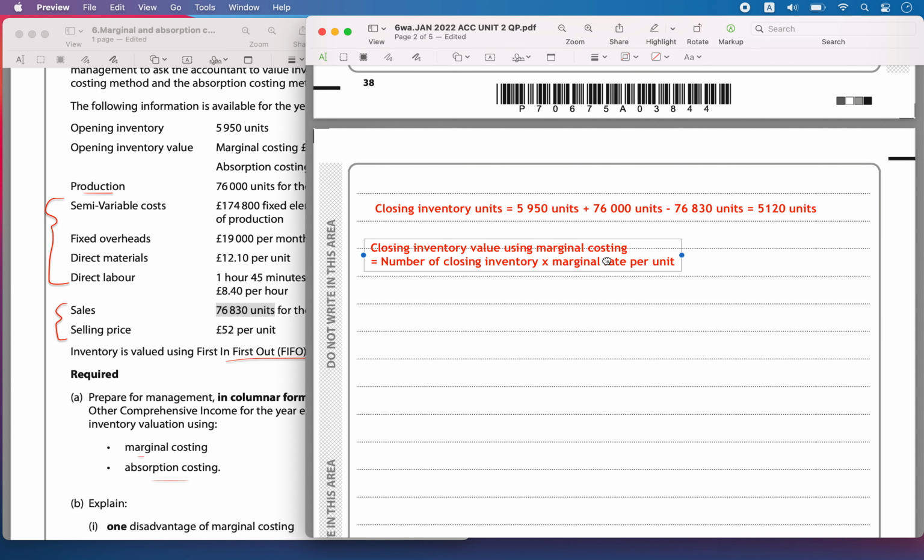So that is going to give you the value of the closing inventory. Now what is the marginal rate per unit? Let's calculate the marginal rate per unit.